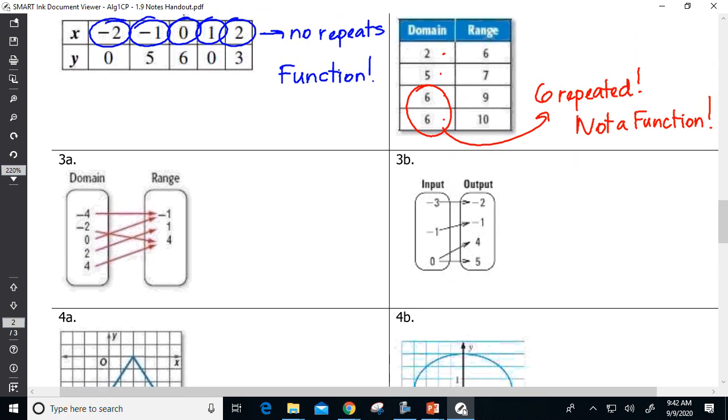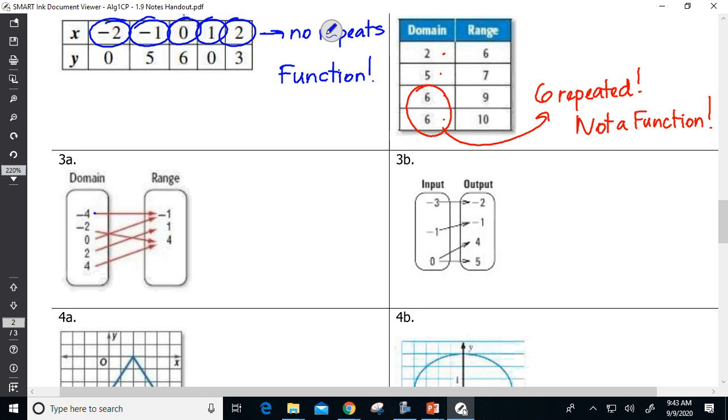So let's look at 3A and 3B. So 3A. The easiest way to tell, look at each number in the domain and look at how many arrows each number has. It can only have one arrow.